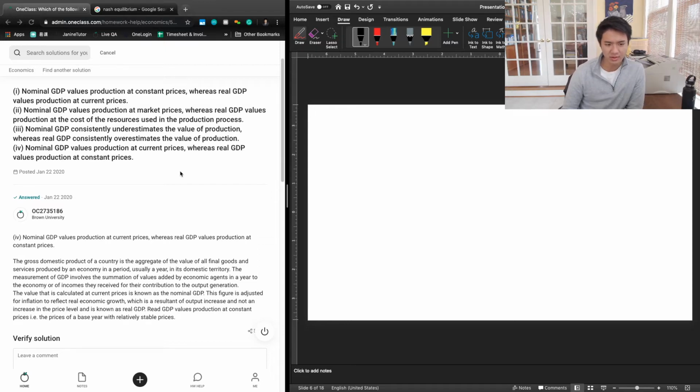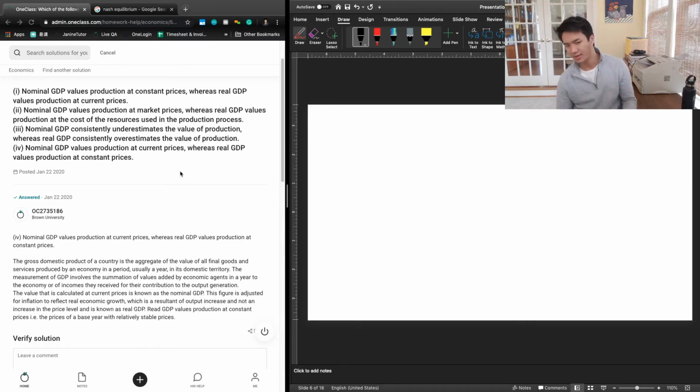The value that is calculated at current prices is known as nominal GDP. This figure is adjusted for inflation to reflect real economic growth, which is a result of output increase and not increase in the price level. It is known as real GDP. Real GDP values production at constant prices, i.e. the prices of a base year with relatively stable prices.